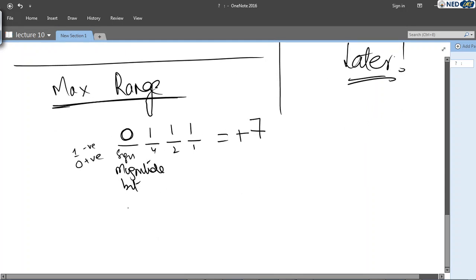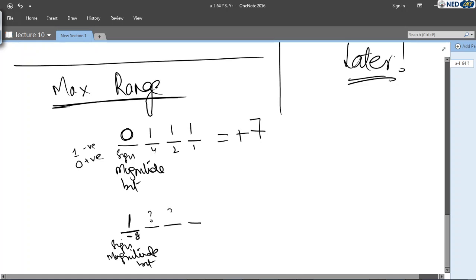On the negative side, if we put this sign bit as 1, this bit is representing minus 8 over here.